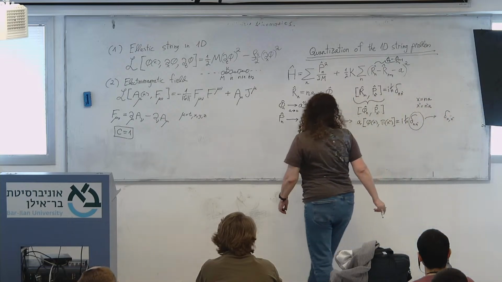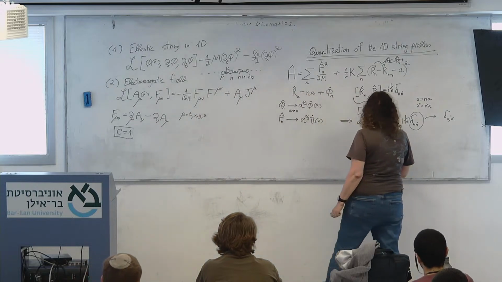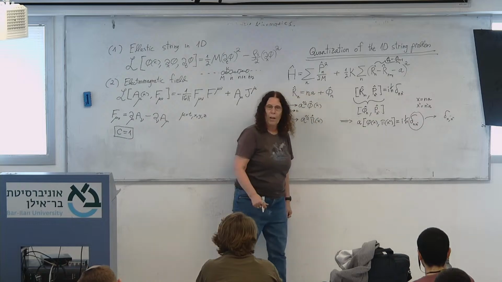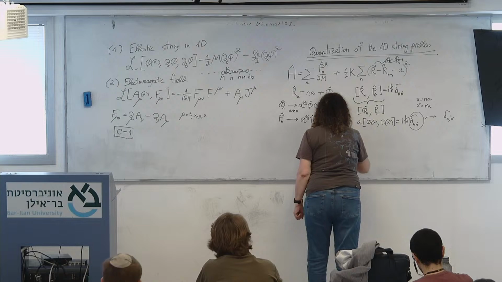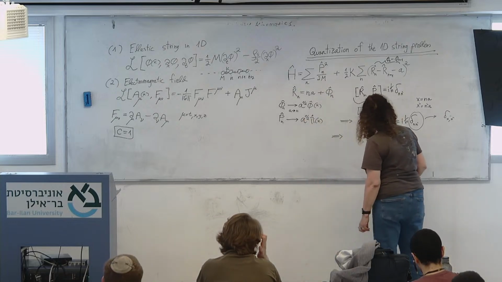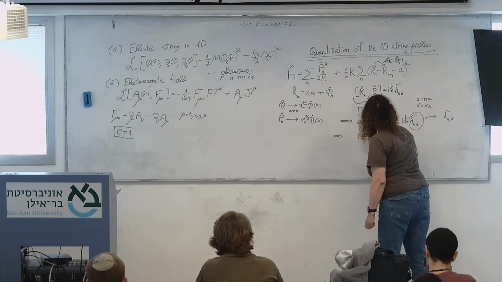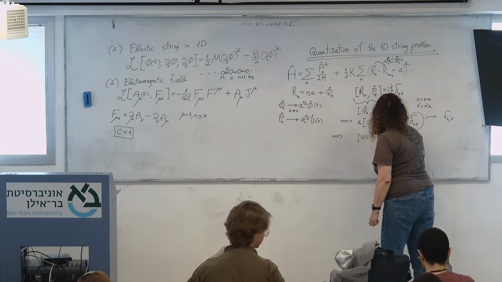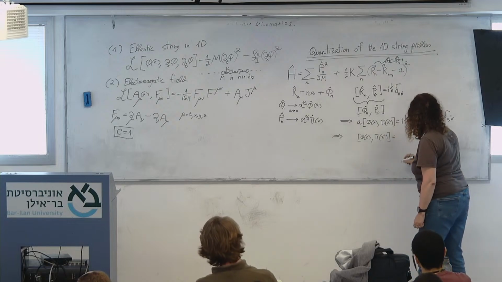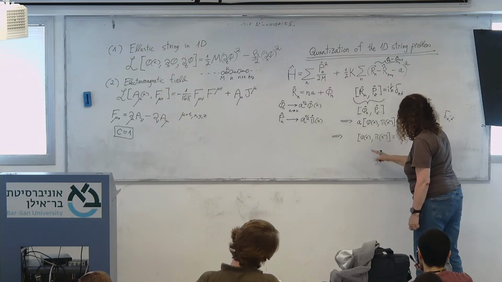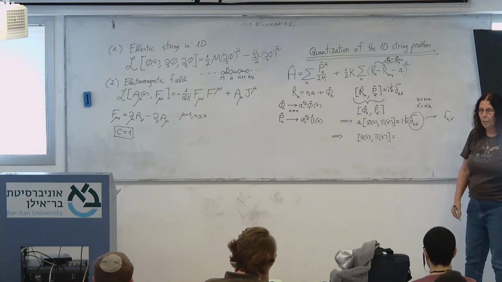Okay, so we are now almost done, because now we're going to divide the two sides of this equation by a. And we are going to get that the commutator of phi of x and pi of x prime is, and this is where I also want to take the limit as a goes to 0.